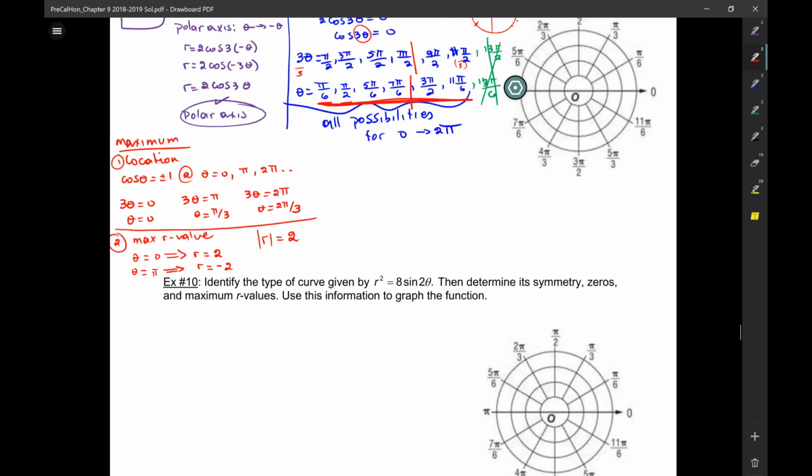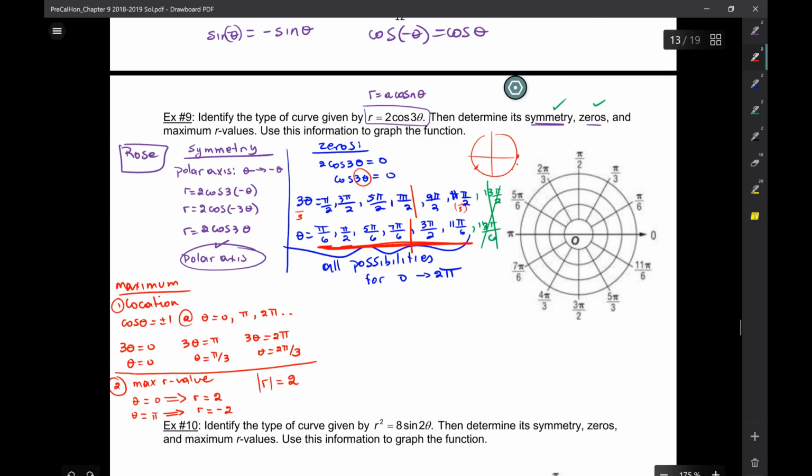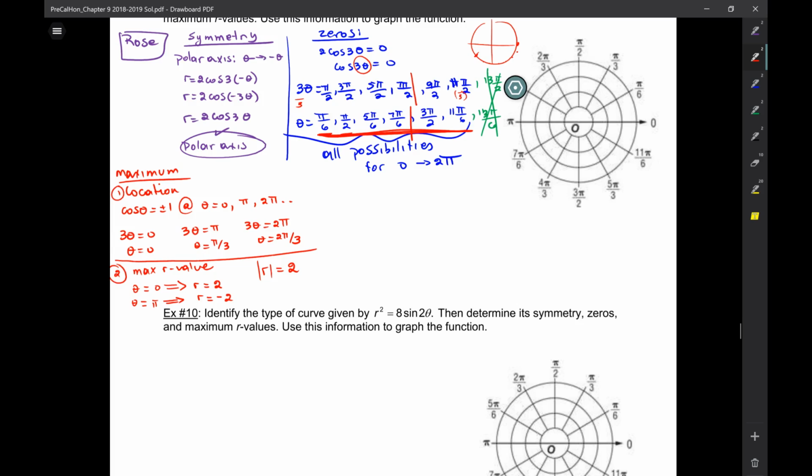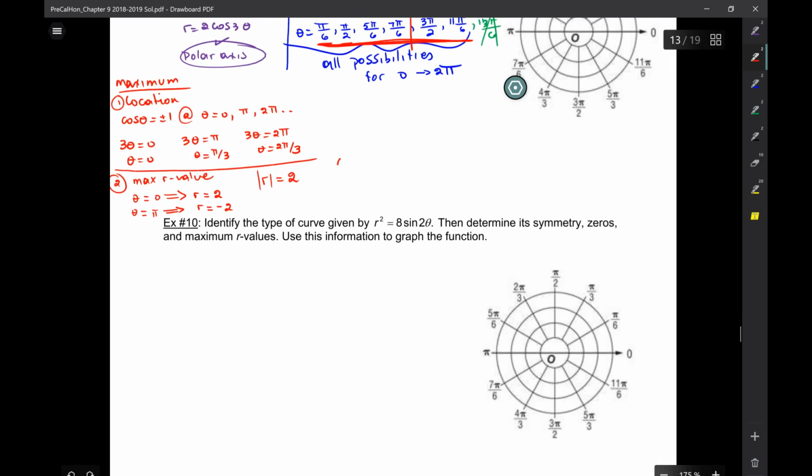So at the 2 pi over 3, when you plug in 2 pi over 3 here, you're going to get 2 cosine of 2 pi, which will give you positive 2 again. Okay? So if you want, if you do it like R and theta, when theta is 0, R is 2.